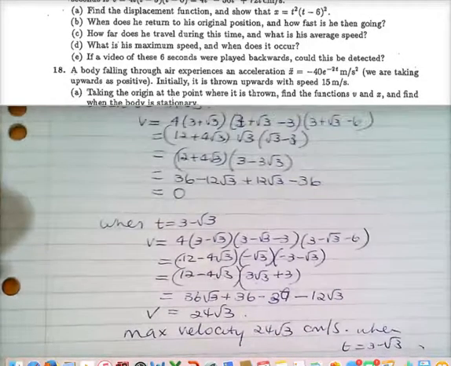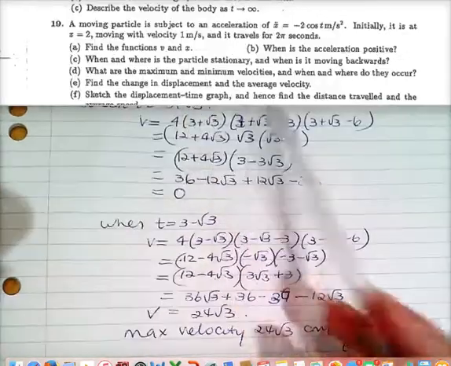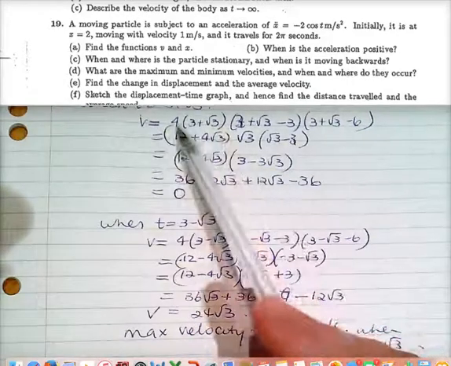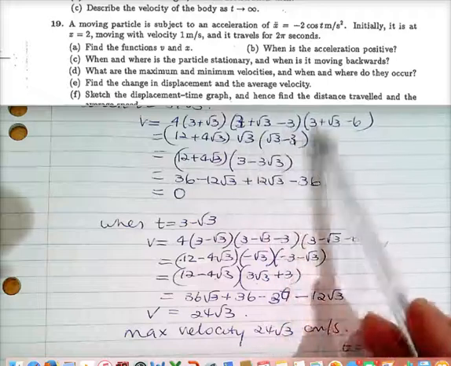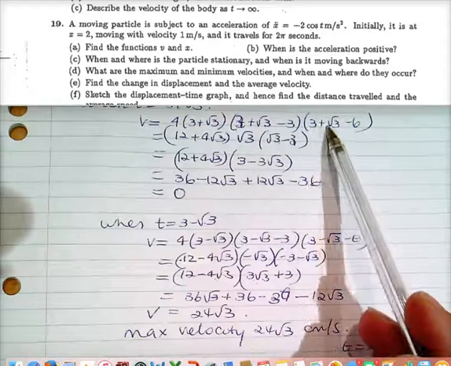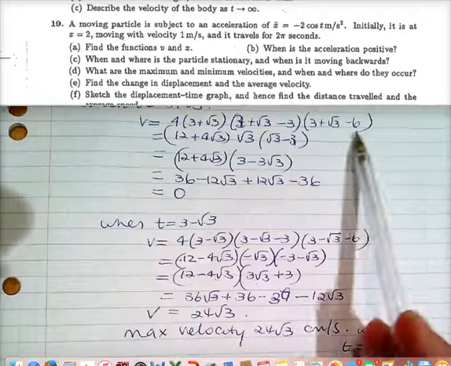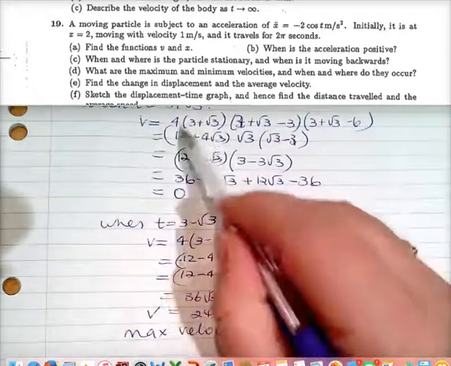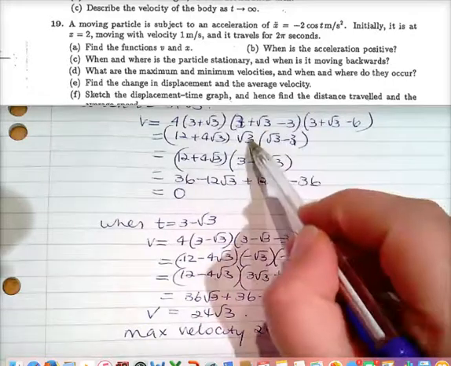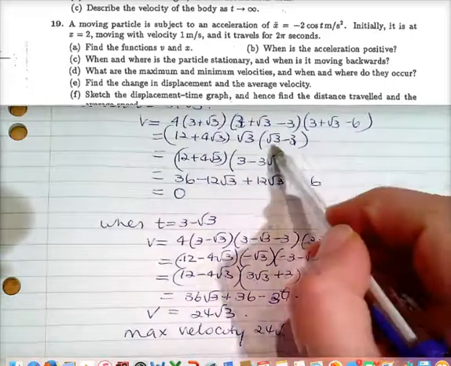Okay? Or maximum speed. I need to check that there is no mistake here. So I've got 4 bracket 3 plus root 3, 3 plus root 3 minus 3, so that's a root 3, and 3 plus root 3 minus 6. So we've got 12 plus 4 root 3, and that's root 3, and this is root 3 minus 3.